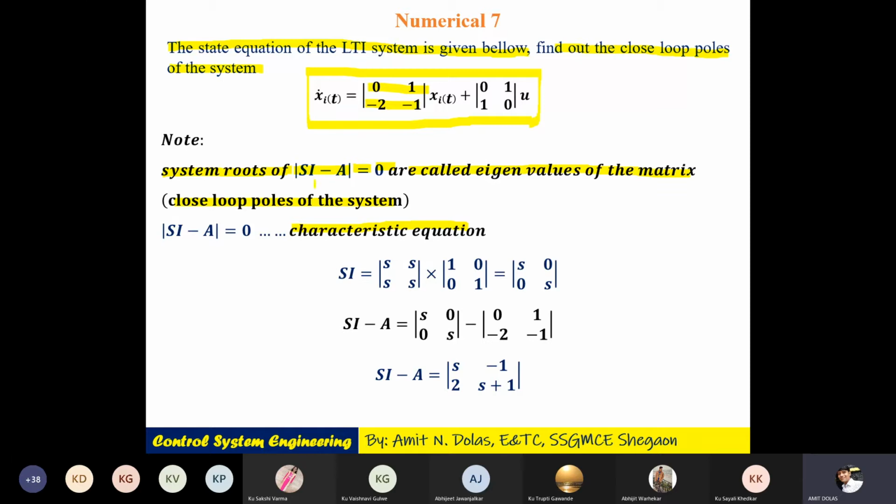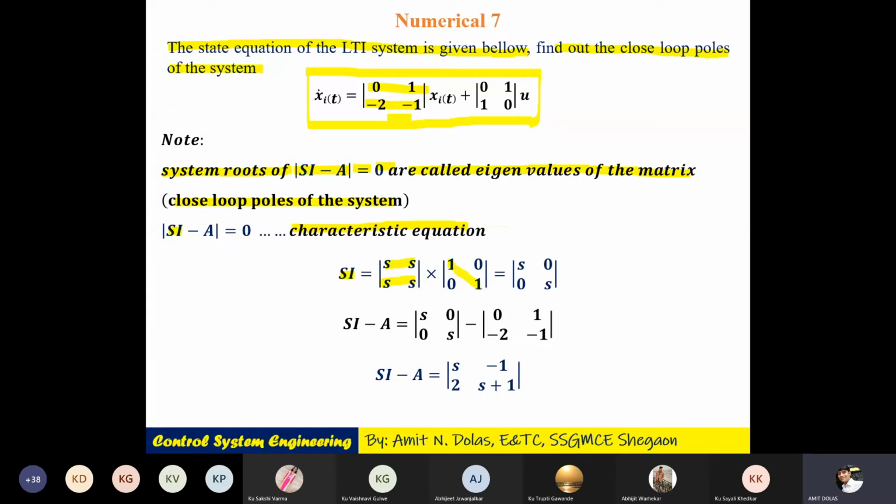We'll find SI first, because our formula is SI minus A equal to 0, the characteristic equation. S is what? A is a 2 by 2 matrix, so we get S multiplied by a 2 by 2 matrix.